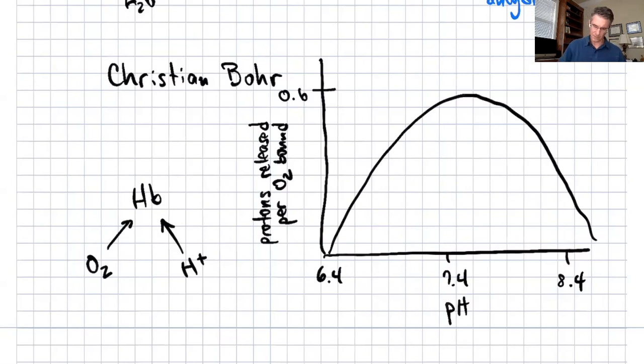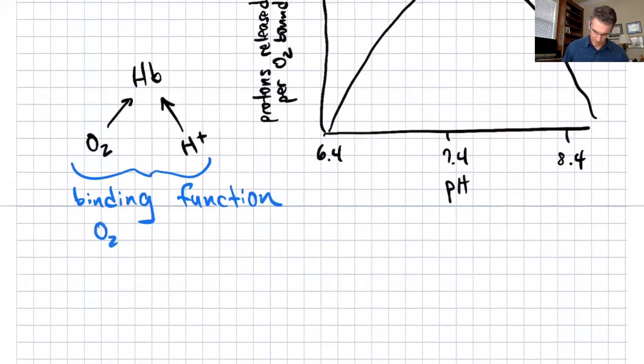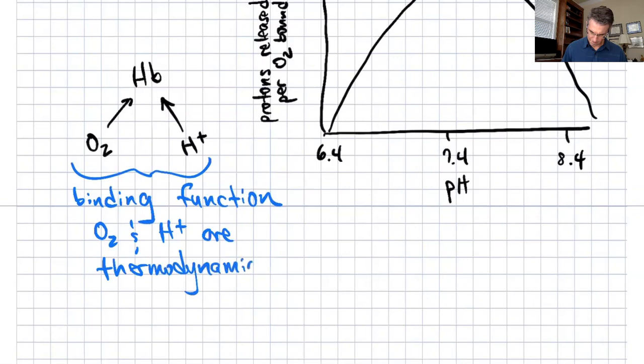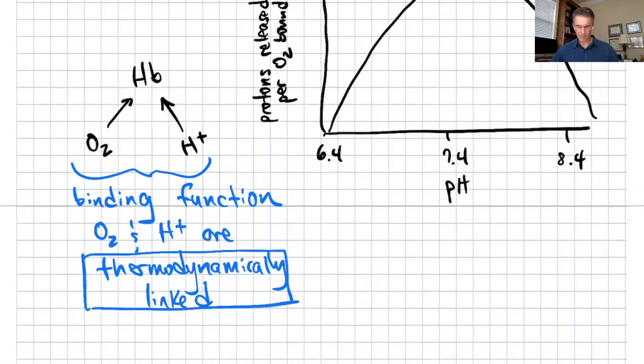Another way to describe this is using terminology we already talked about when we thought about protein folding, which is that the binding functions, right, of oxygen and protons to hemoglobin are thermodynamically linked. All right. They energetically influence each other. They're not independent of each other, right?